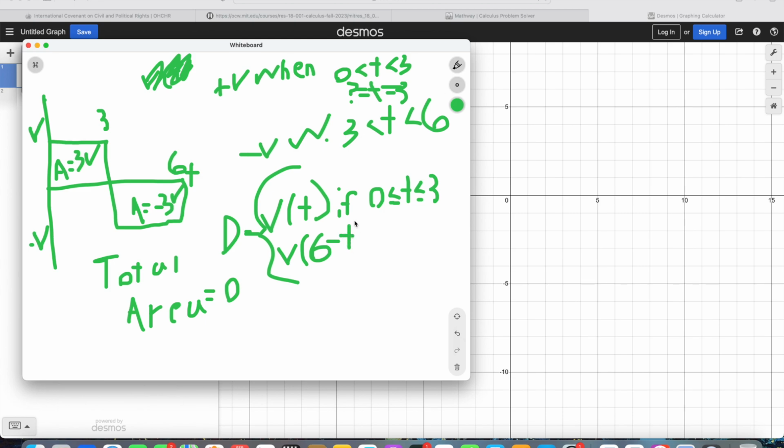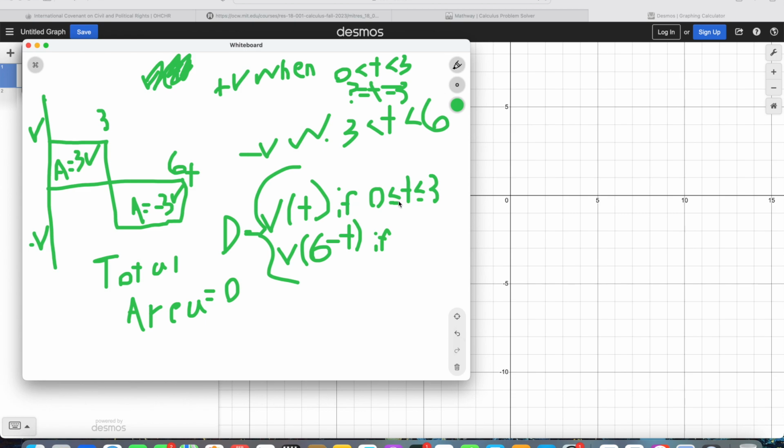But then for past 3 it'll be v of 6 minus t. The reason we have to make it look like this is because these two functions have to agree with each other, just like these three have to agree with each other. You can never have two contradictory functions, right? So this function 6 minus t ensures that he's going backwards after a certain period of time.